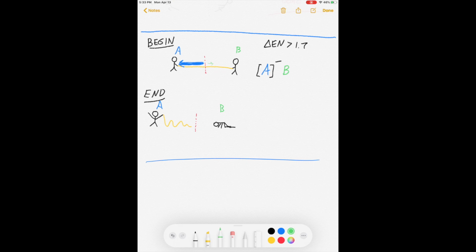B has just flat lost that electron, and so it is now positively charged. What attracts these two atoms together now is Coulombic forces, aka this cation is simply attracted to this anion. So in closing, we would call this bond the familiar ionic bond.